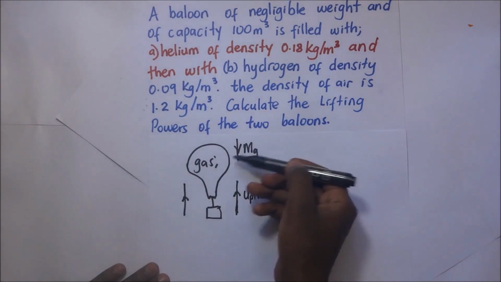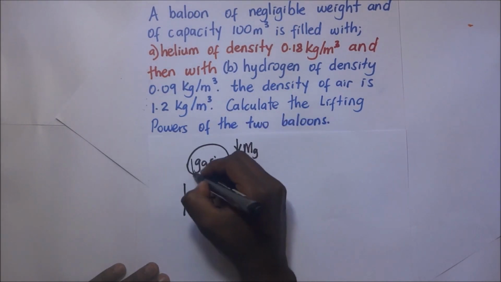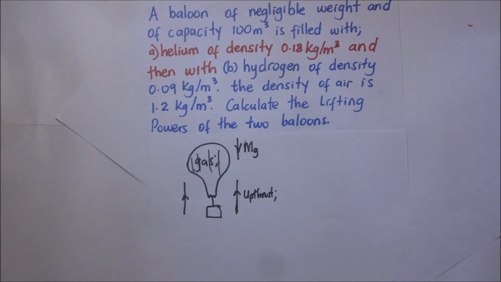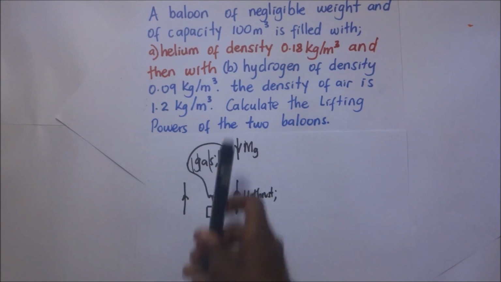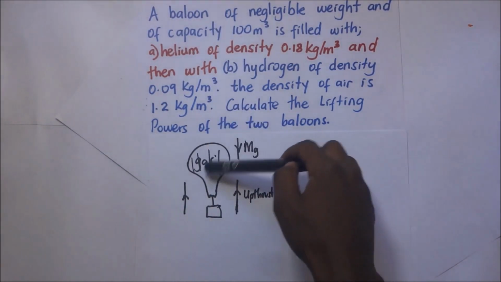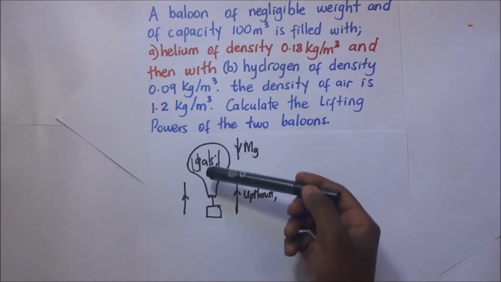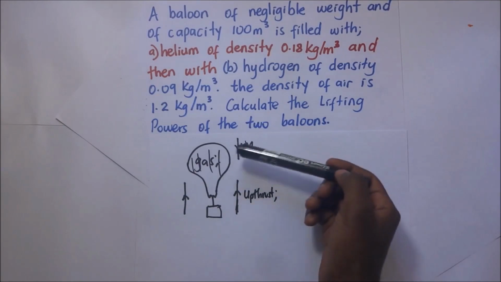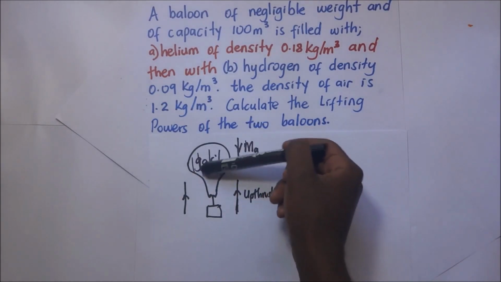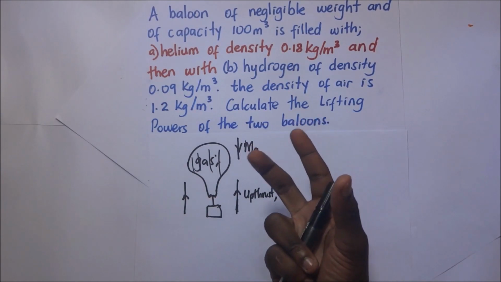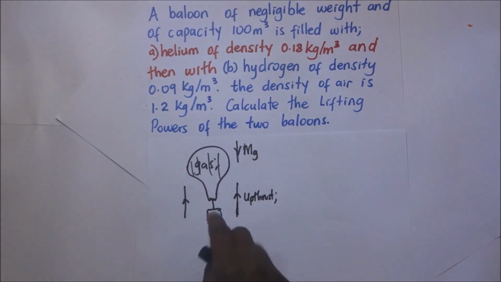Then we have the mass of the gas inside this balloon acting downwards. So we find the resultant by subtracting them. Of course, this thing is lifting up. If it is moving up, it means the upthrust force is stronger than the weight of the gas trying to pull it down. So we get this upthrust force, subtract from it the weight of the gas that is in here, and the difference between those two forces is going to give us the lifting power of this balloon. That is how we are going to approach this.